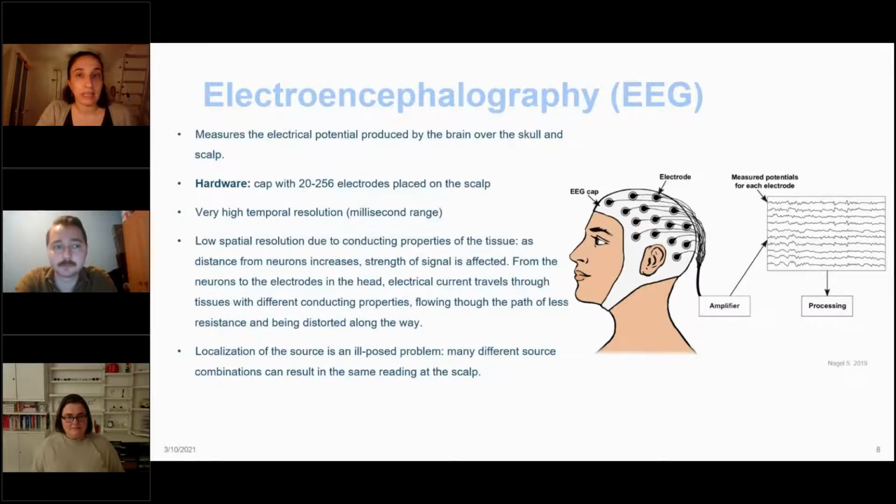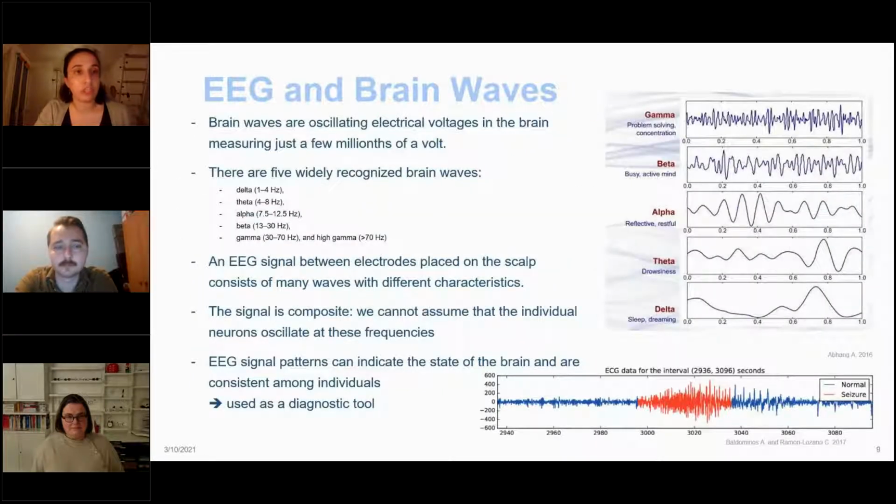And in electroencephalography, or EEG, there's a main field of research regarding brain waves, which are oscillating electrical voltages in the brain, which measure just a few millionths of a volt. And there are 5 widely recognized brain waves.